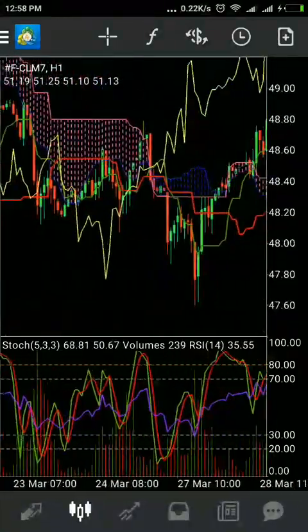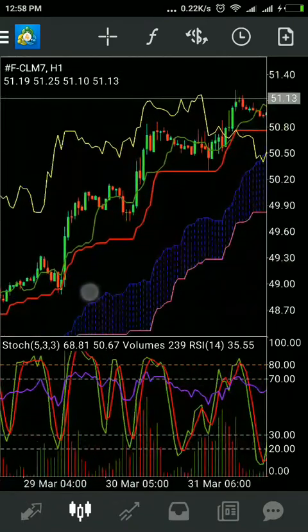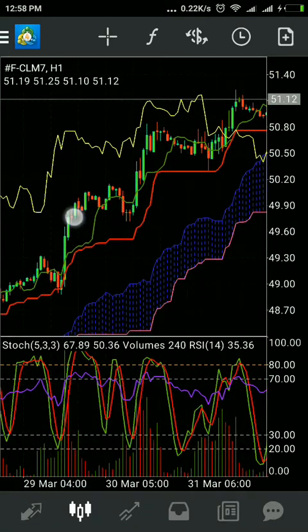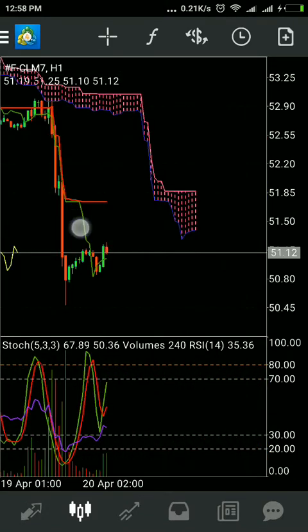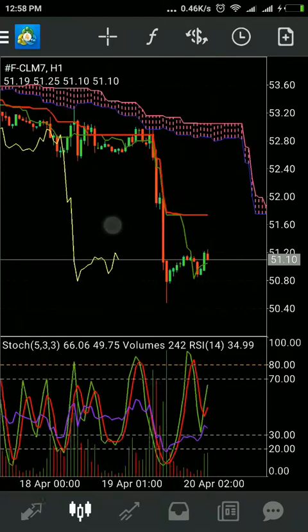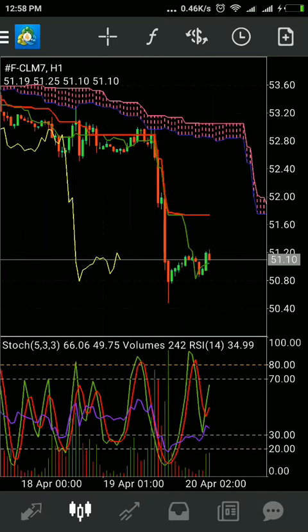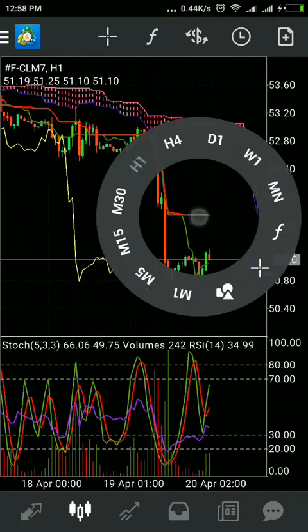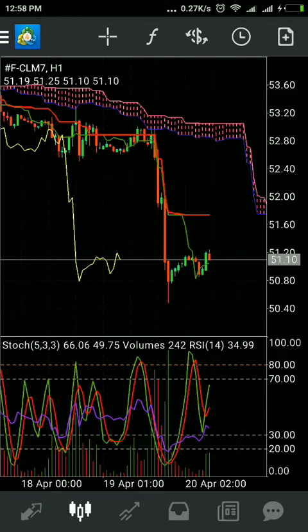Let me explain here. This green line is Tenkan Sen, and this red line is Kijun Sen.